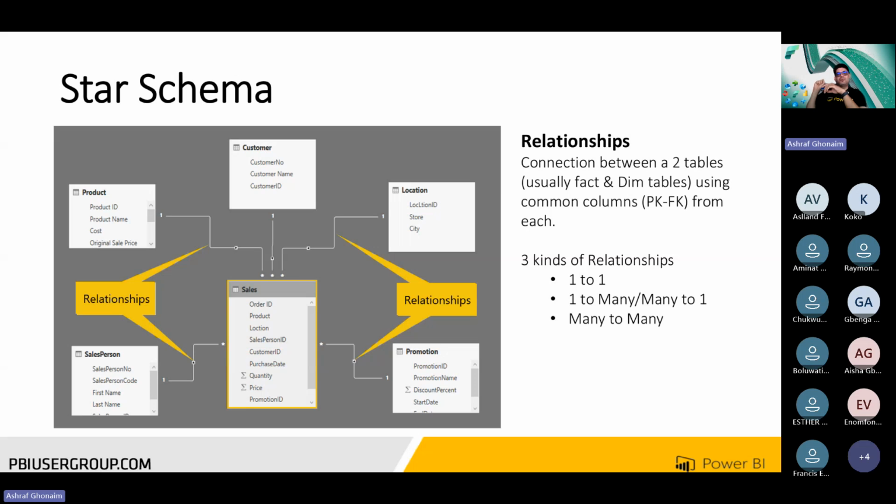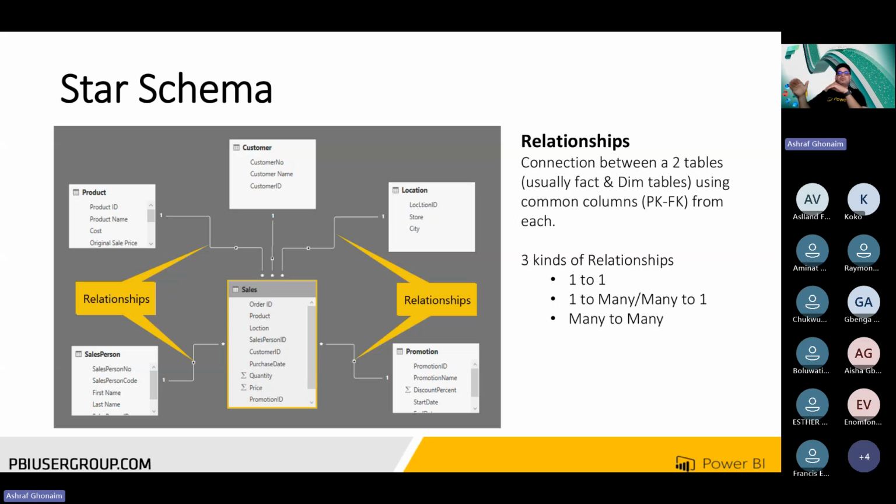If the one side doesn't have a unique identification, that means you have something missing in your data, because every single table should have a unique identifier. Every single table. Even the many side, even the fact side has a unique identifier, even though we have so many duplications, but the combination of multiple things together can achieve the unique identification in the fact table. So every single table has to have a unique identifier.